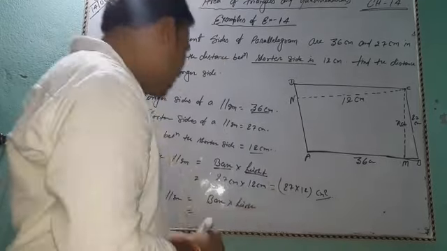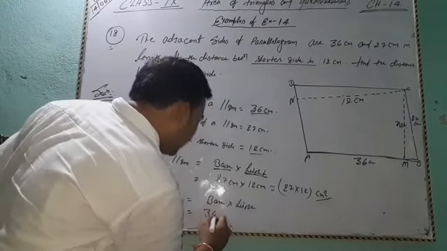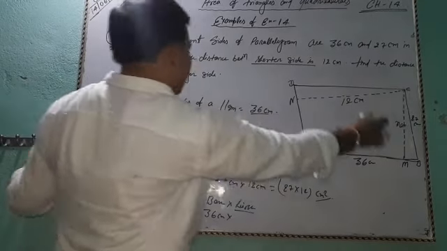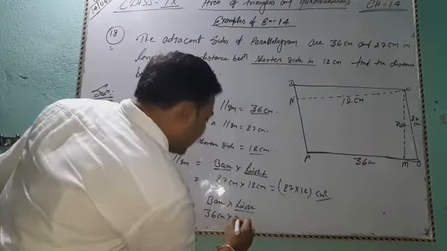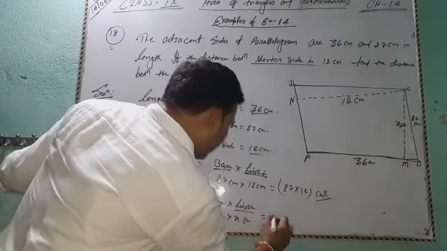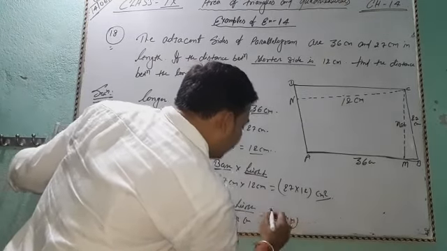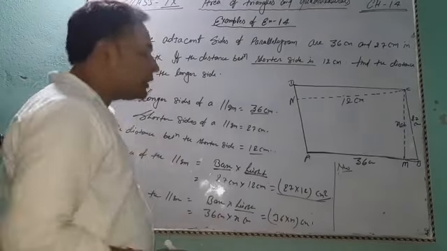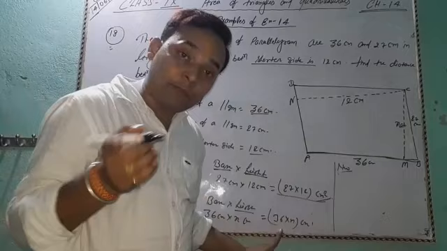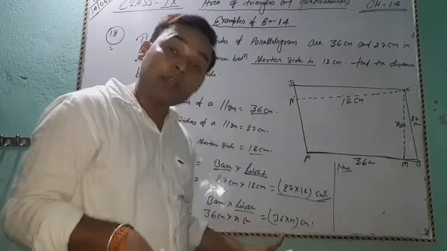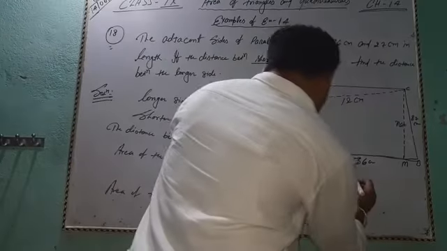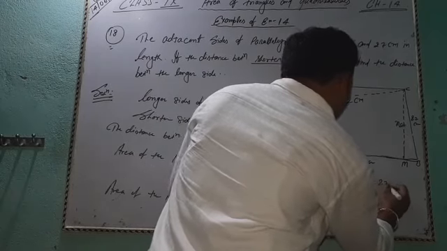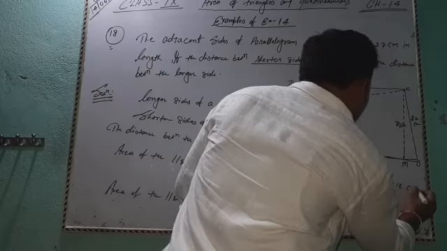Okay, so base equal to 36 centimeter multiply height equal to x centimeter. Let x centimeter. So 36 multiply x centimeter. This is the area of the parallelogram ABCD, and this is also the area of the parallelogram ABCD. So both are equal. So now 36 multiply x equal to 27 multiply 12 centimeter square.